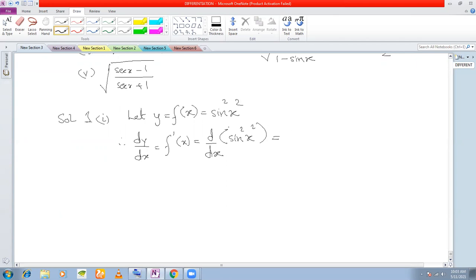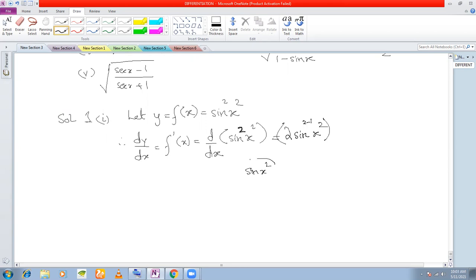First, what you see here is you have a sine square. So we'll differentiate the power first. So 2 sine, by nx to the power of n minus 1, 2 sine to the power of 2 minus 1 x square, right? If you have differentiated the power, cos x square. Next what we do is we see the base. What is the base? Base is nothing but sine x square, right? This is the base.